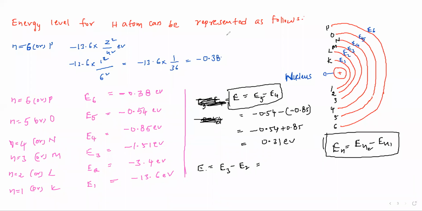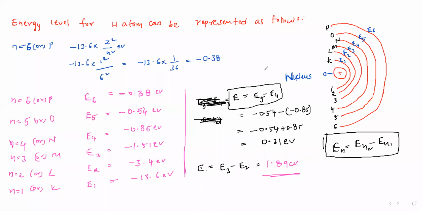Send the answer fast. Okay, wait one minute. Right, 1.89 electron volts. Did you understand, everyone?